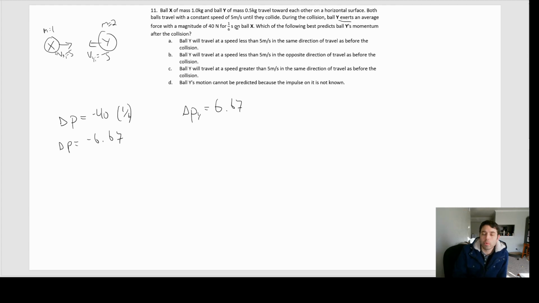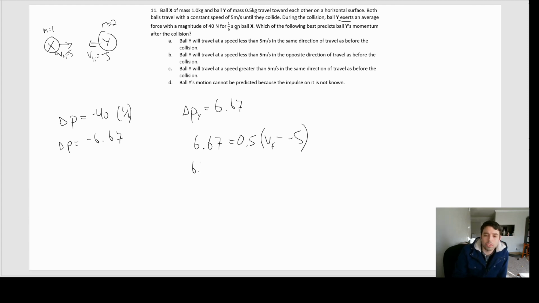So we're trying to find out what the velocity or speed of ball Y is after the collision and which direction it's going in. Well, we know now that the change in momentum, the impulse, of ball Y is 6.67, positive now, right? Because ball X is going to push ball Y that way. That equals the mass of ball Y, which is 0.5, times the final velocity, which we're looking for, minus the initial velocity of ball Y. But remember, it was negative 5, so minus negative 5 here.